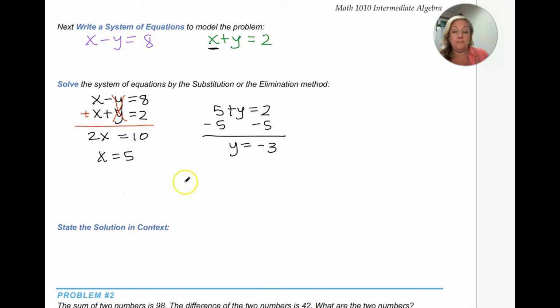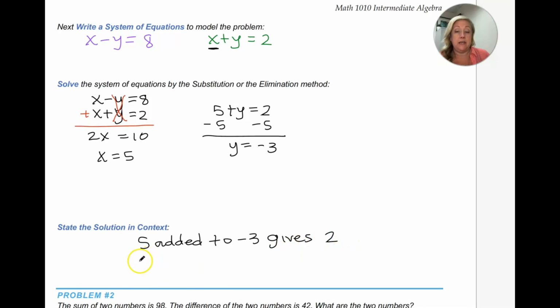Right, now what we have found here, we have that when I take 5 and I add it to -3, I get 2. So 5 added to -3 gives 2 as an answer. Right?